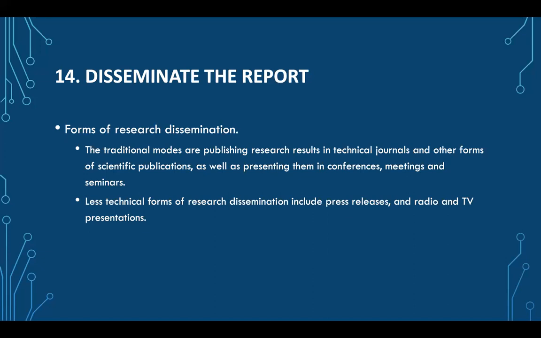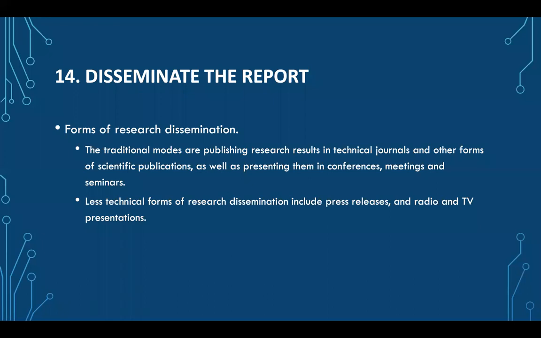Of course, we have to be very careful in choosing the journals for publication. We have to select reputable journals and publishers, not those that are not so reputable. We call those predatory journals or predatory publishers.